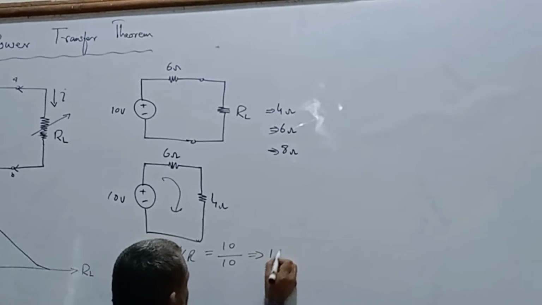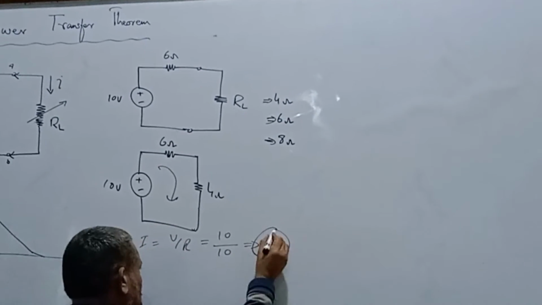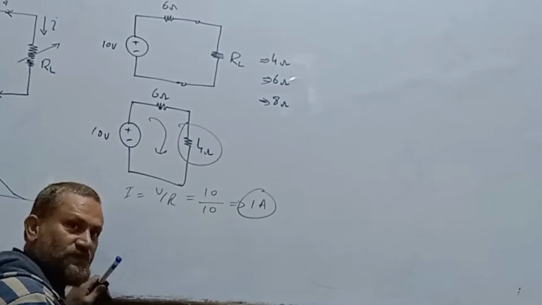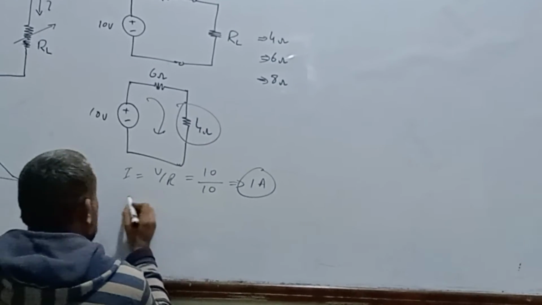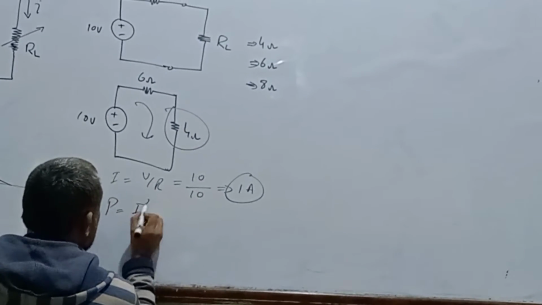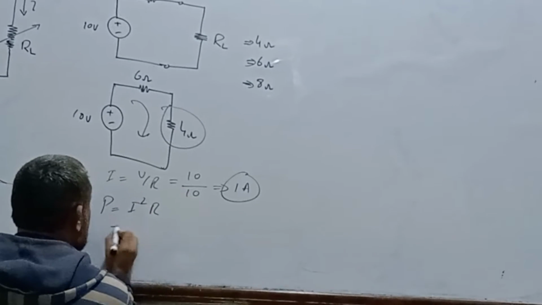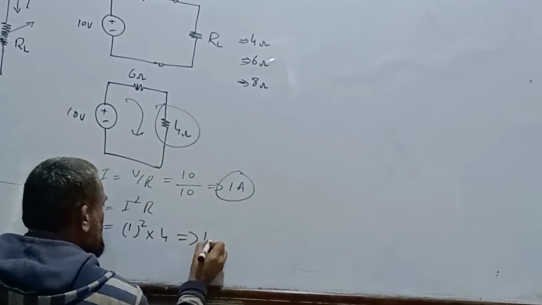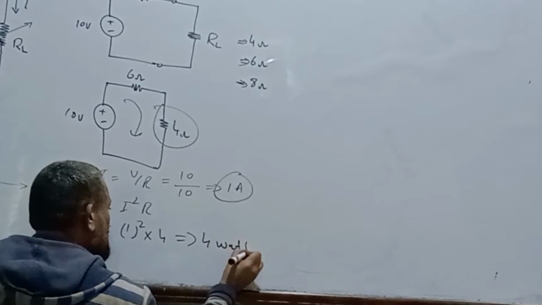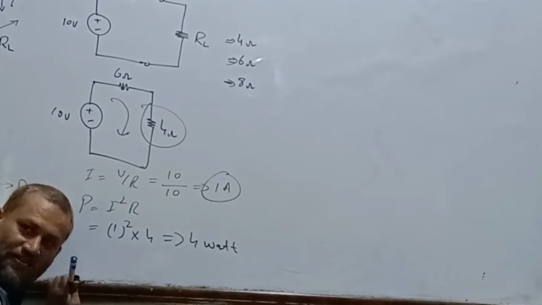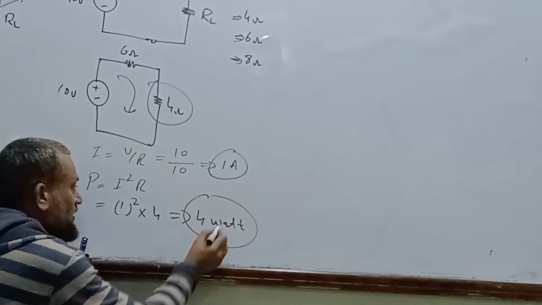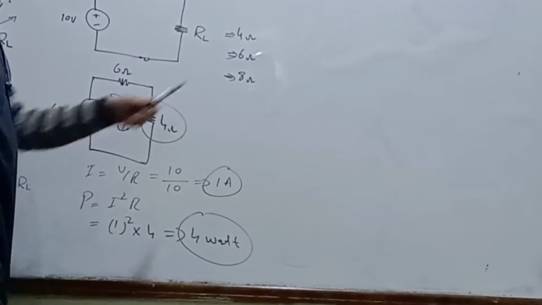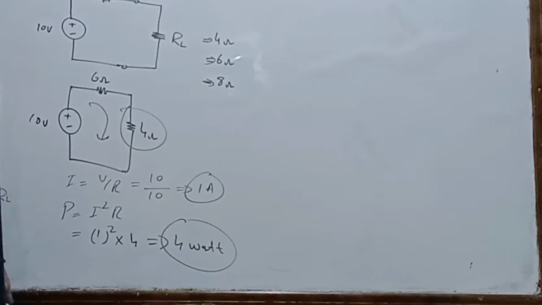That is 1 ampere. How much power is dissipated by this 4 ohm? P is equal to I square R. So I is 1, square, times 4, that is 4 watt. Understand? 4 watt for the 4 ohm resistor of the load. Now consider 6. Understand?